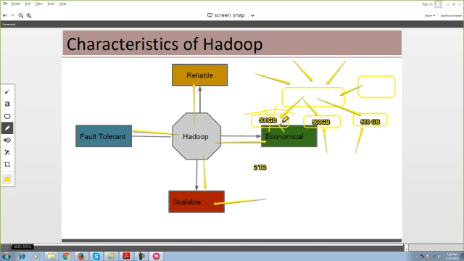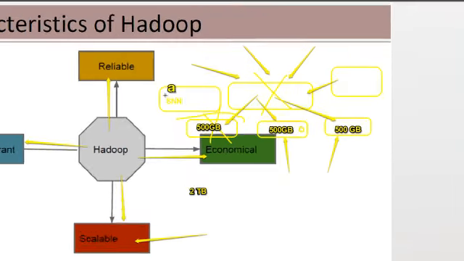Are you still able to find the data in some other node? What happens if your name node is down? We will see that we have a backup of the name node too, and that backup is called the secondary name node.